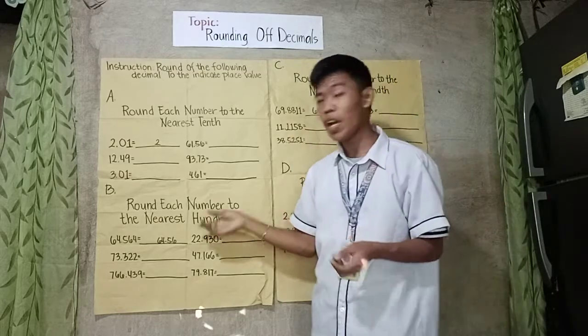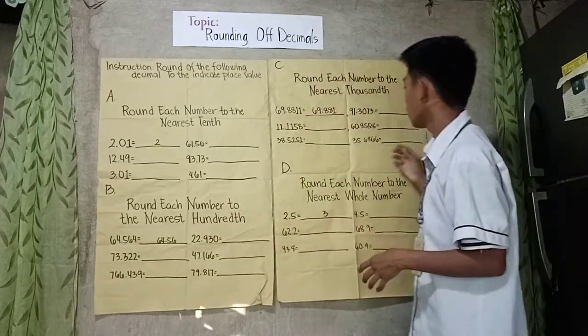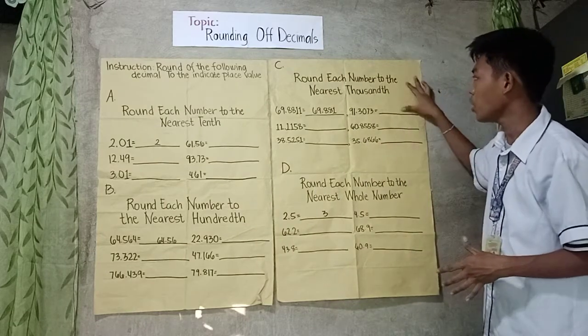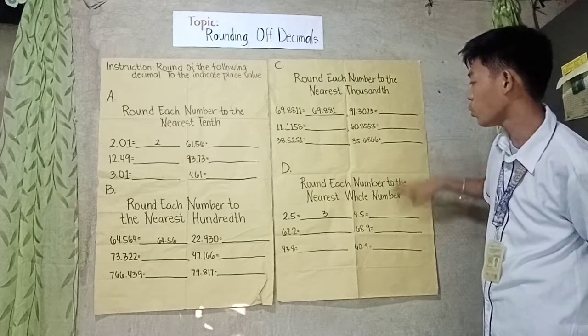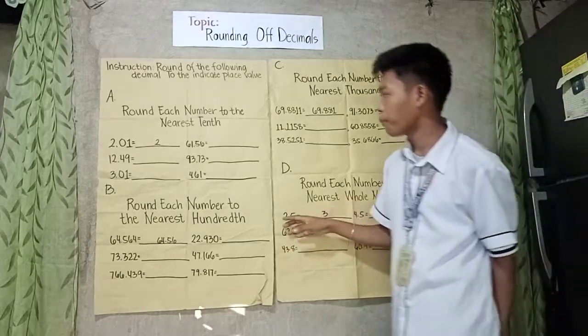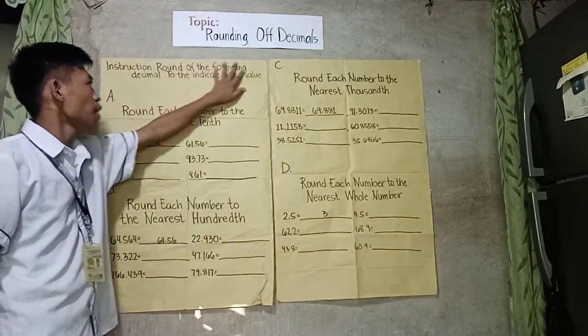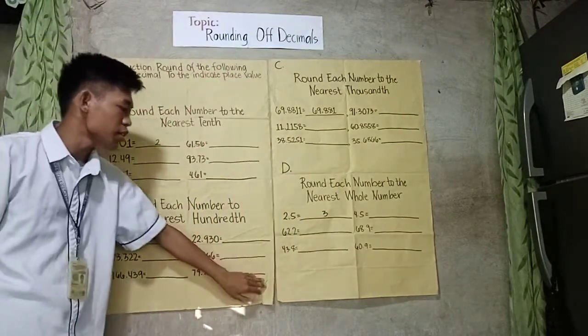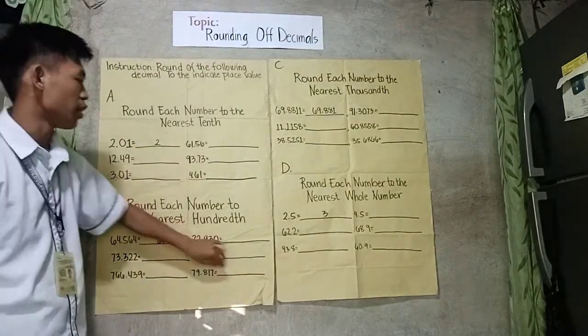For B, round each number to the nearest hundreds. For letter C, round each number to the nearest thousands. For letter D, round each number to the nearest whole number. So I will be giving you 5 minutes to answer this one. Afterwards, you are to pass your papers in front.